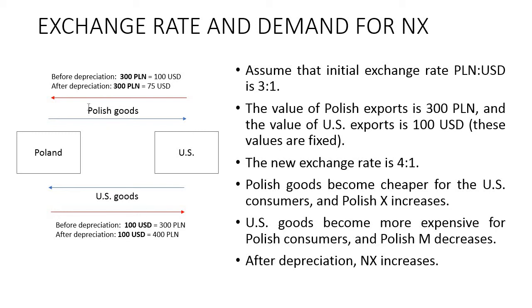The value of Polish exports is always initially denominated in Polish currency, because Polish producers will require payment in Polish currency, since they pay wages and rent in Polish currency.